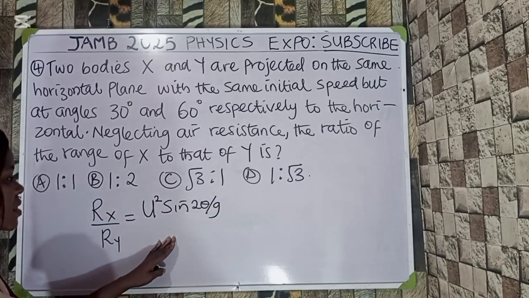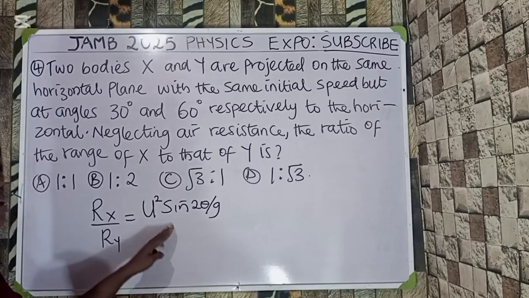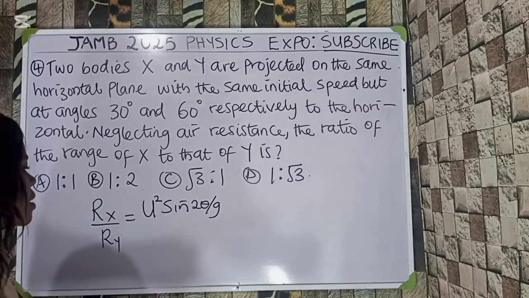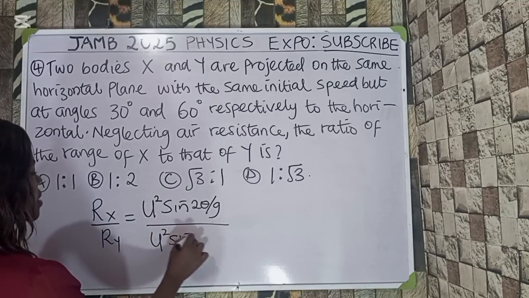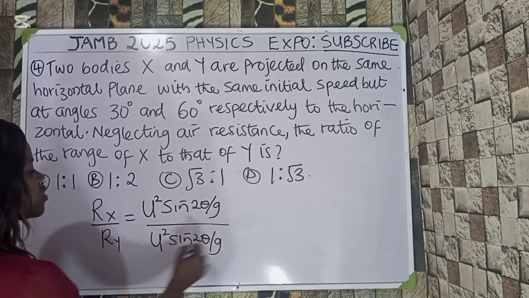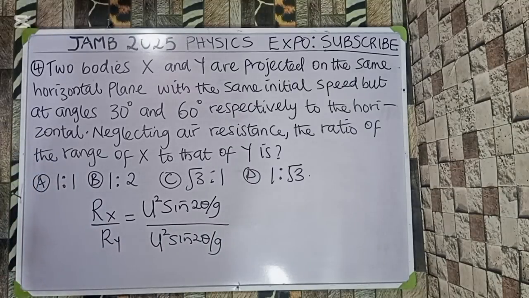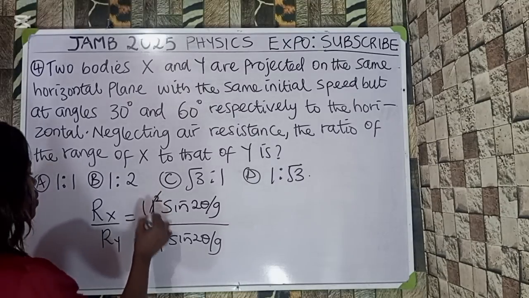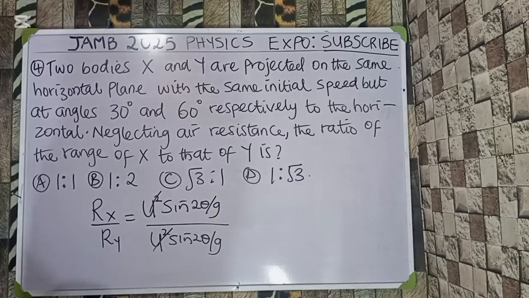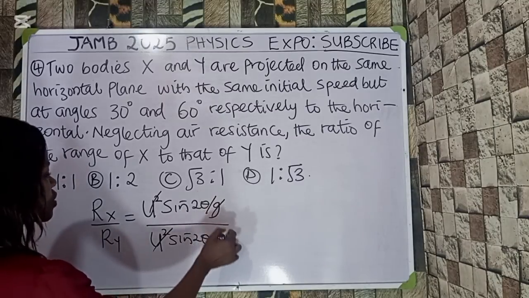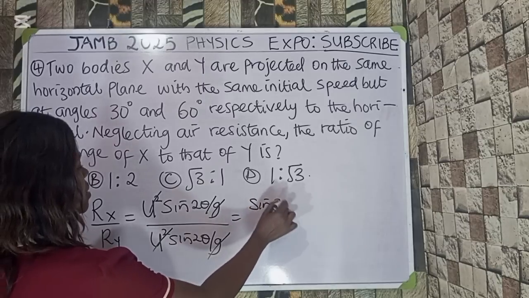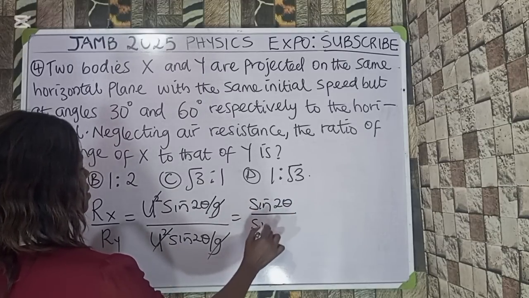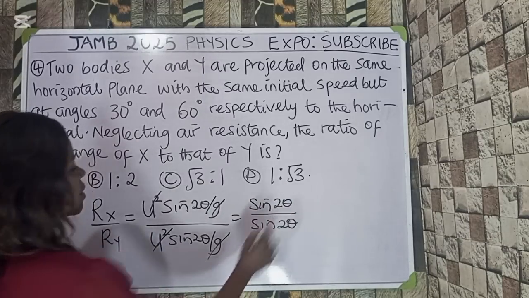Since you are dealing with the first one, this becomes u square sine 2 theta over g. They said that they have the same initial speed, that means u square is equal to u square. Then neglecting air resistance, I equally cancel g. So I am left with sine 2 theta over sine 2 theta.